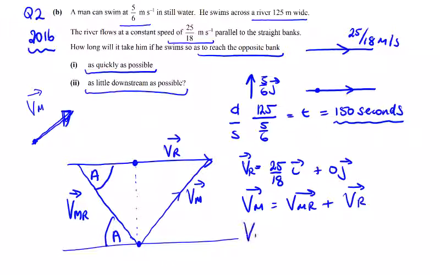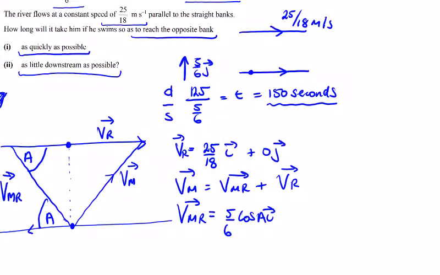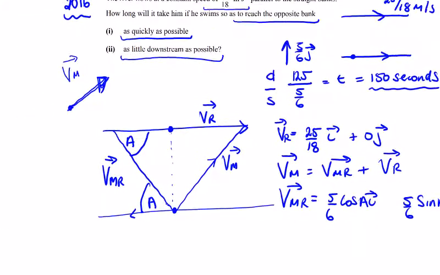So if we write down the velocity of the man relative to the river with my angle here and my speed, I've got 5/6, and cos is adjacent to A, so 5/6 cos A in the I direction. I'll put my signs in now, and we have 5/6 sine A in the J direction. If it's this direction up here, it's into the negative positive sector.